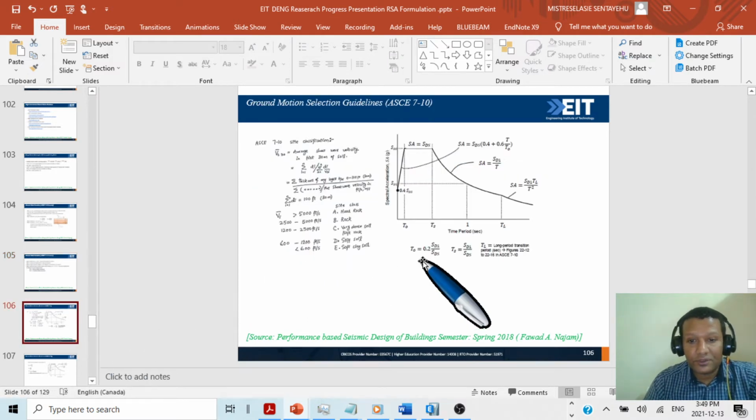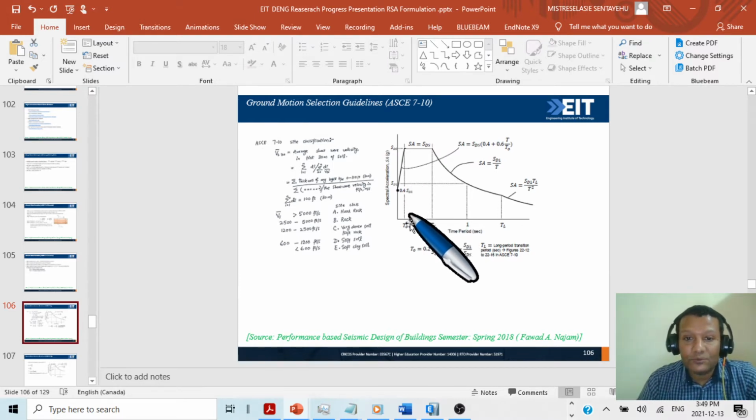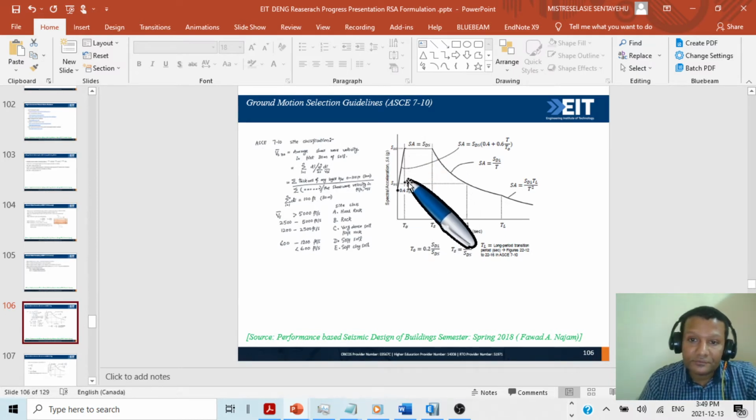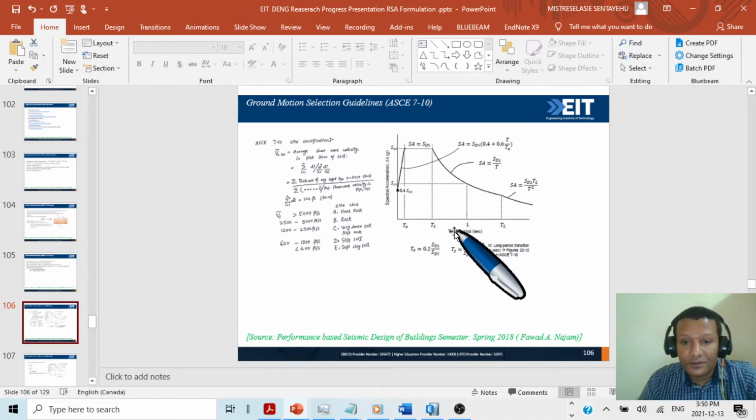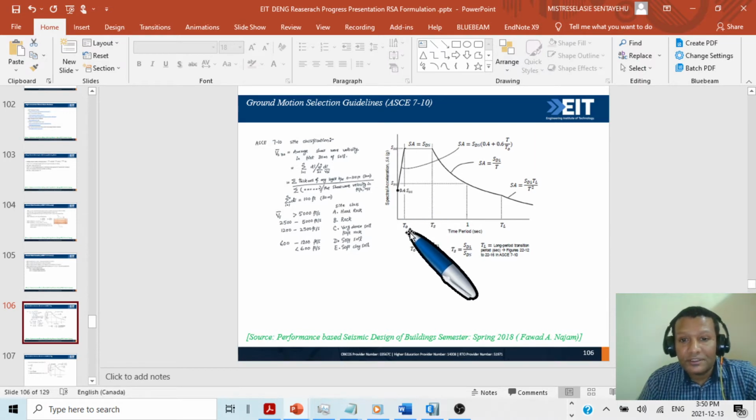Then after that you can see here 0.4 times SDS. Once we get the SDS, 40% of SDS will be here, the peak. Then you have SDS already, as we see. So as you can see, T0 is 0.2 times SD1 over SDS.